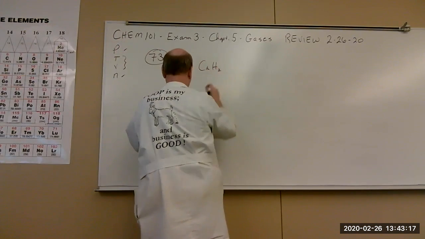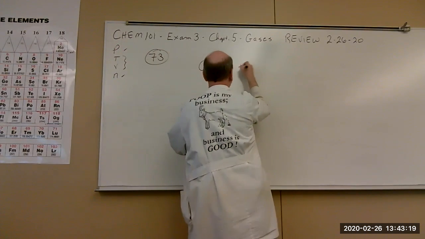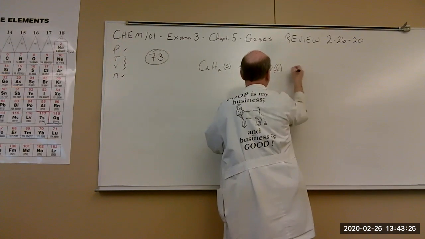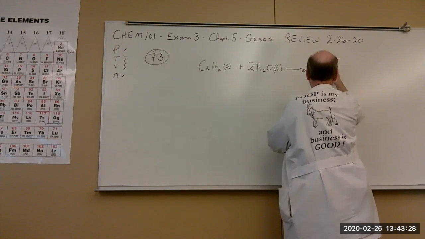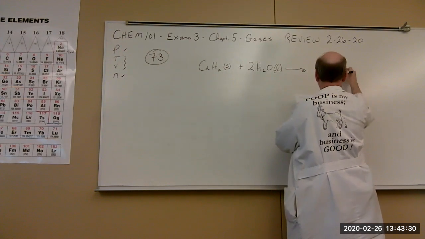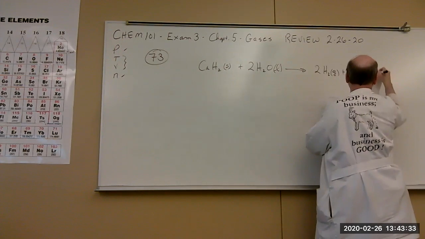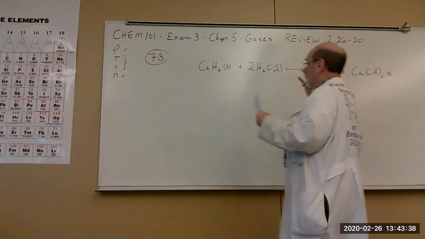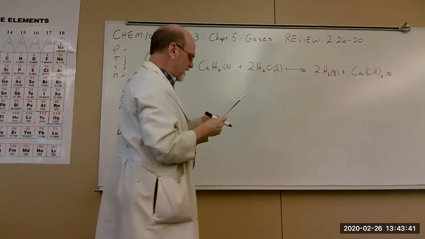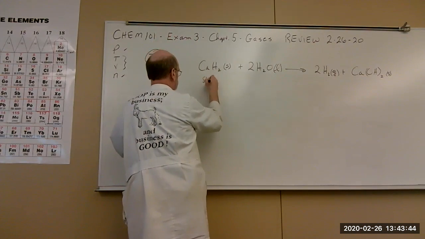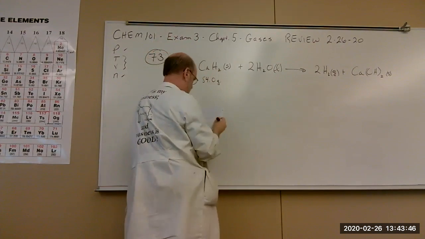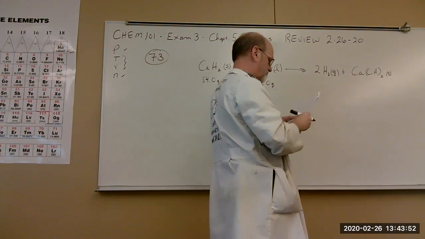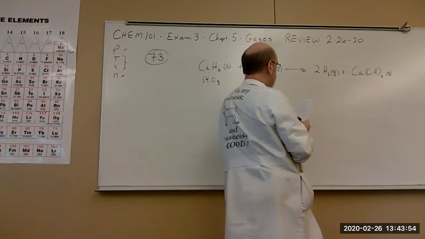Calcium hydride, solid, plus water, yields hydrogen gas and calcium hydroxide. Okay. Beginning with 84 grams of this. Okay. And 42 grams of that. What volume of this?